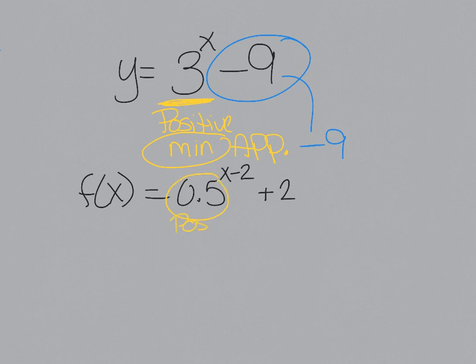It's positive, so we're going to have a minimum. It is less than 1, and it's going to be decay, but it's going to be a minimum. You're going to have a graph that looks like that. So it's a minimum approaching, and what are we going to be approaching? We're approaching 2.